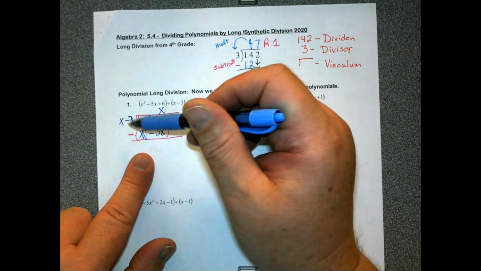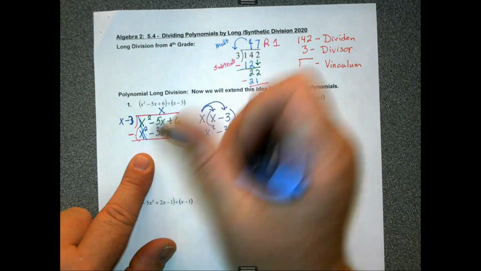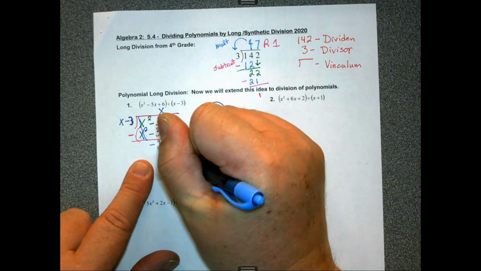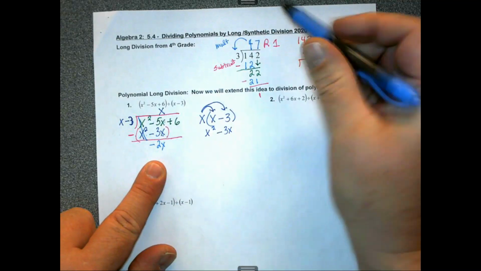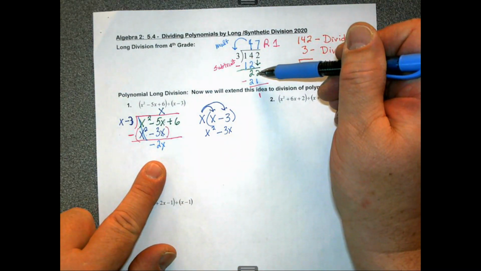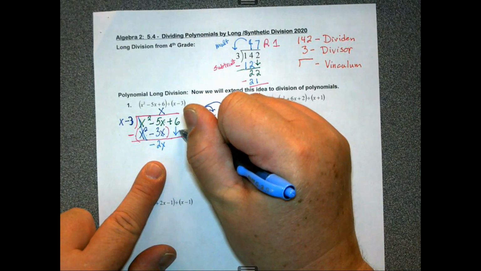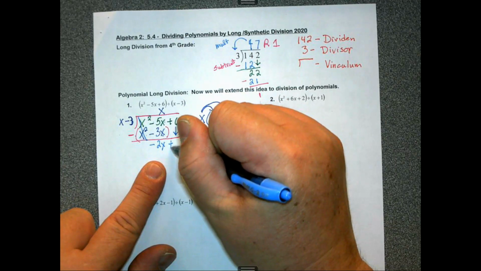Negative 5x minus a minus makes it a plus. So negative 2x. Good. Okay, then what did I do up here? Carry down the next term or digit, right? So I'm going to carry down, in this case, the next term, which is positive 6.